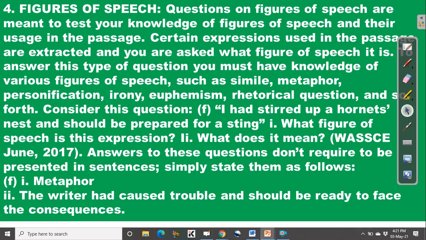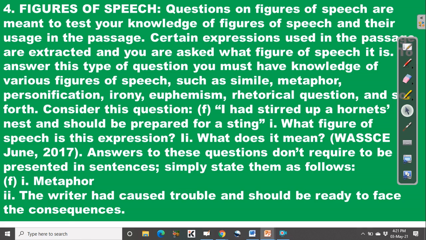A metaphor is using something to represent another. For example, if you say that Henry is a lion in the boxing ring, then it is a metaphor because you are using the word lion for Henry, that Henry is a lion.